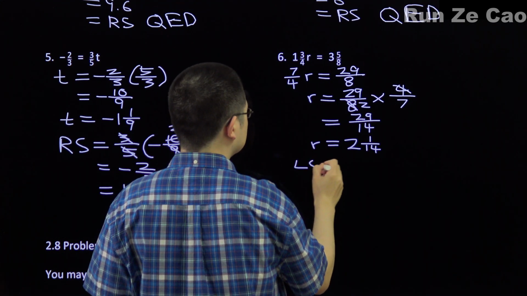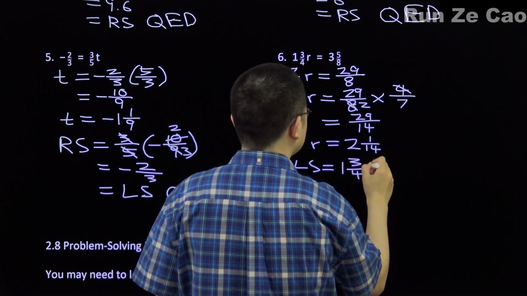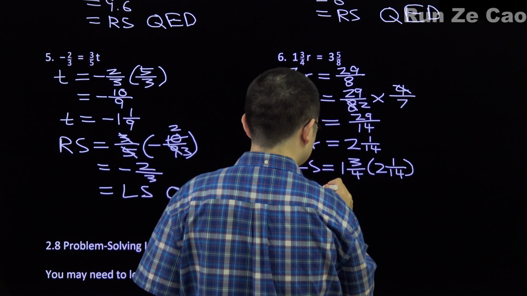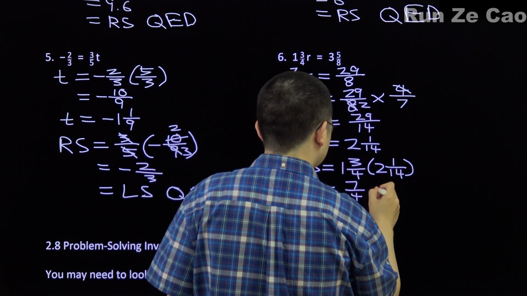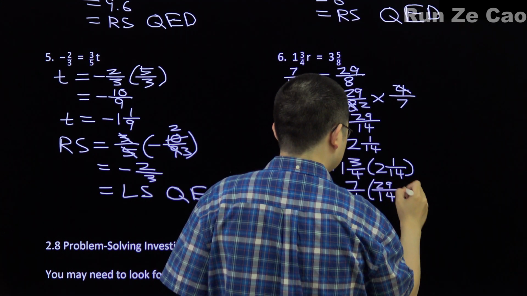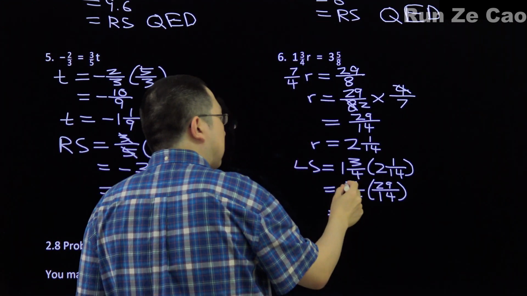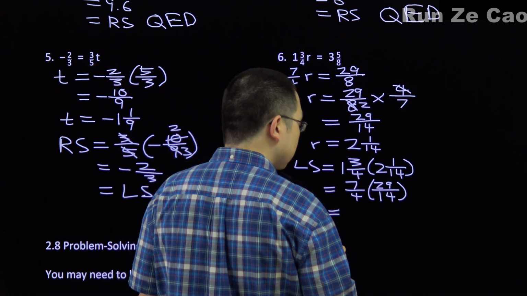Left side is equal to 1 3/4 times 2 and 1 over 14. So 7 over 4 times 29 over 14. And 7 times 29 is, 7 times 30 is 210.